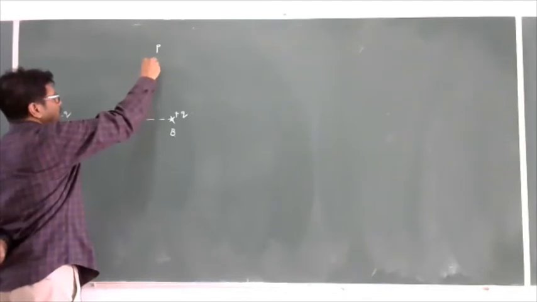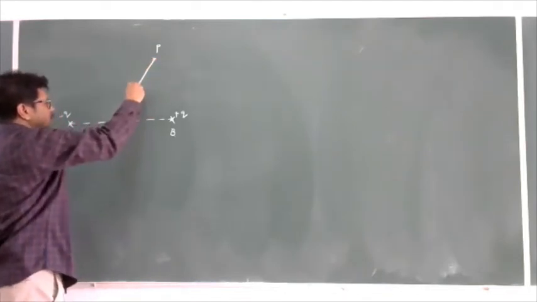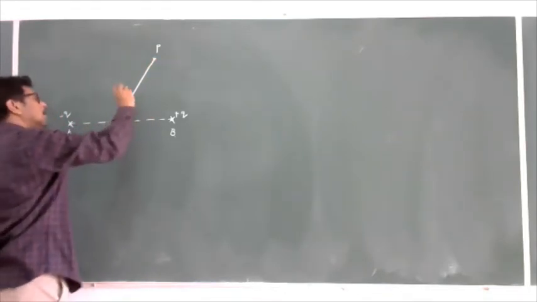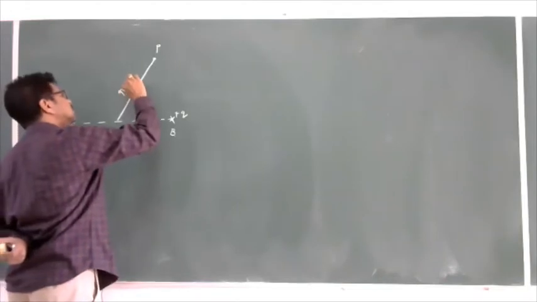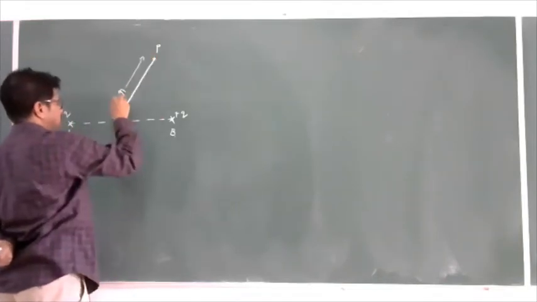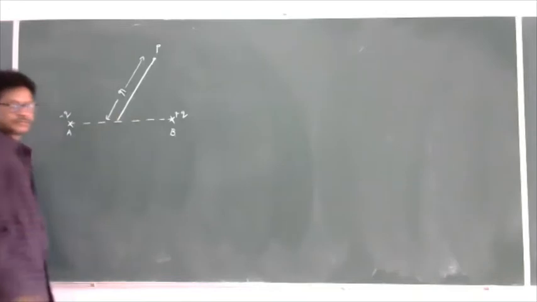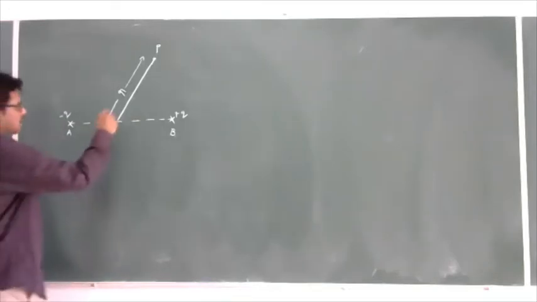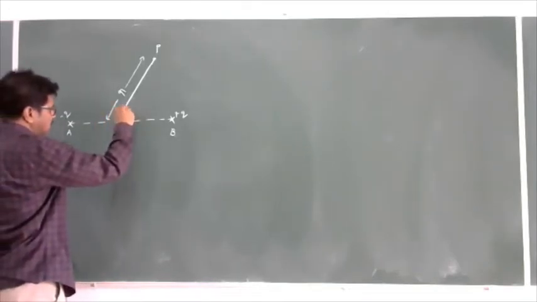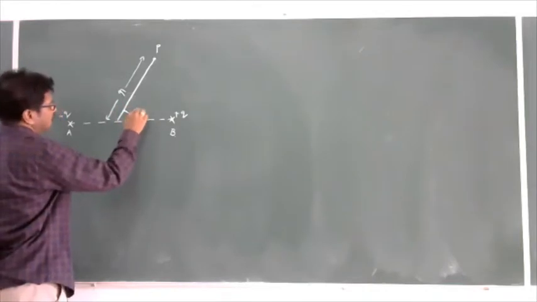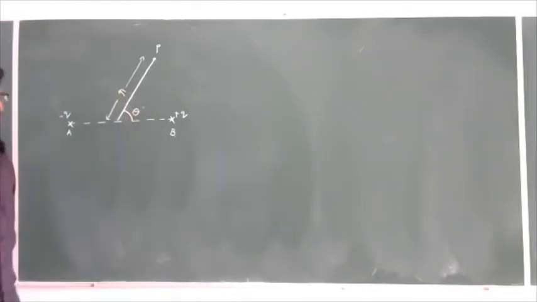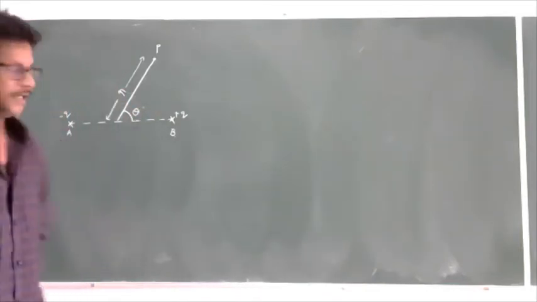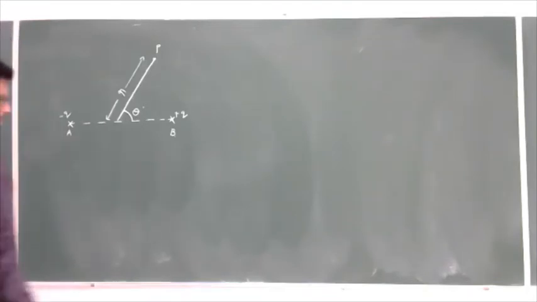That point P is at a distance of R from the center of the electric dipole. This line makes an angle theta with the dipole moment.